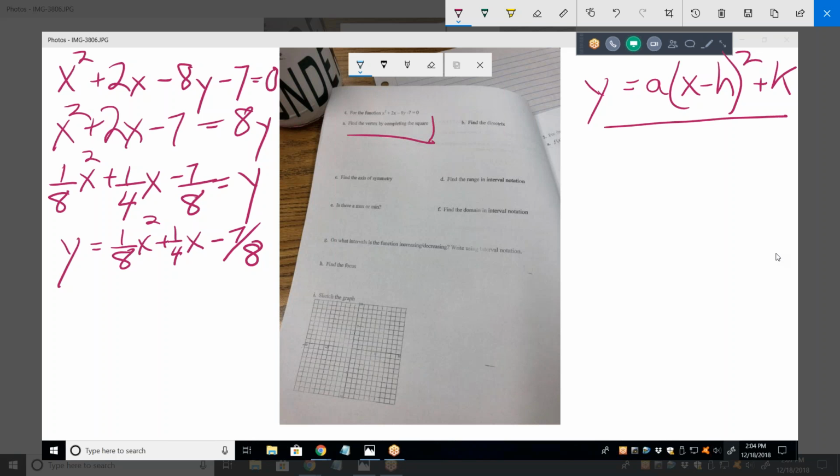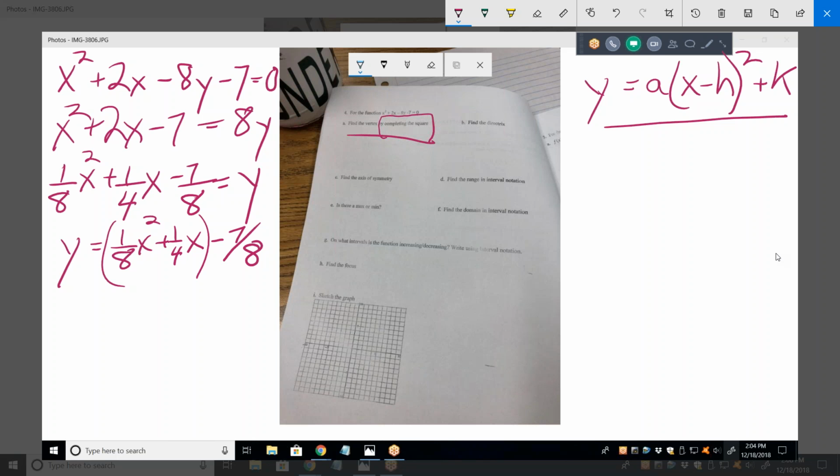And they specifically said complete the square to do it. Whenever you're completing the square, you're basically putting parentheses around that. You're going to add a term inside the parentheses so that I can write it in an x minus h squared manner. And then k will be whatever k comes out to be.